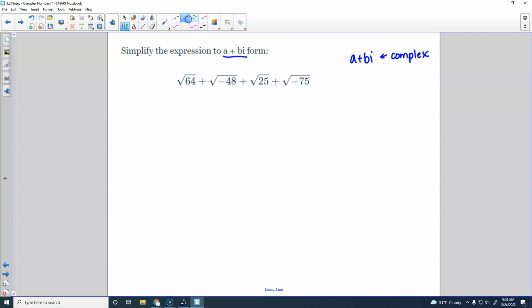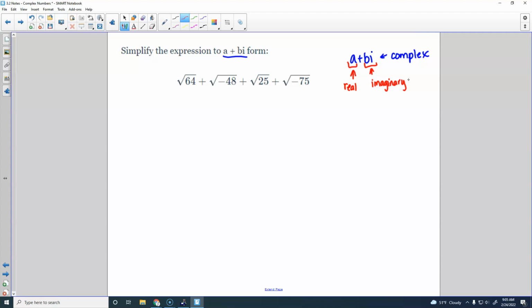The a is just a constant term. It is our real part. It's an actual number. It's 8, it's 7, it's -2. This part is your imaginary part of the number because it's the part that's multiplied by the i. And so together, they form a complex number.